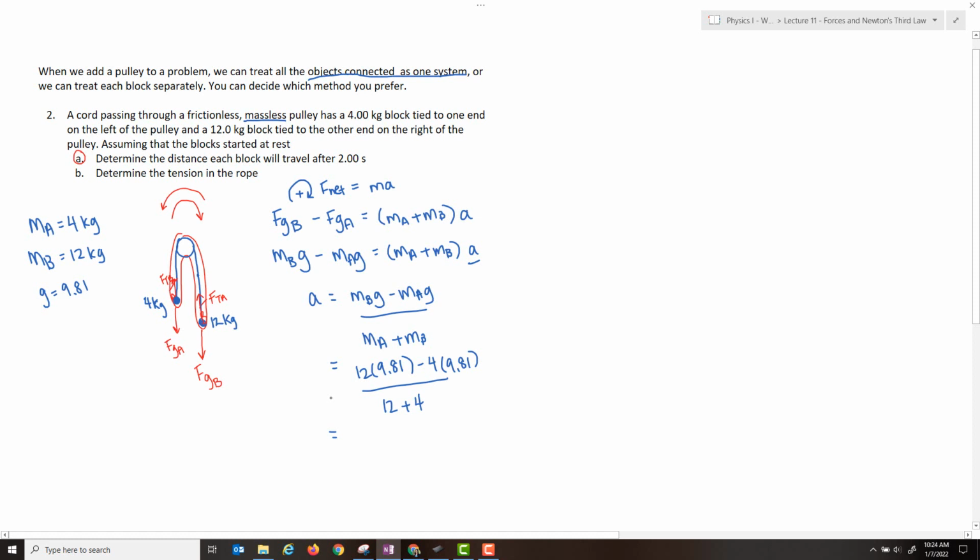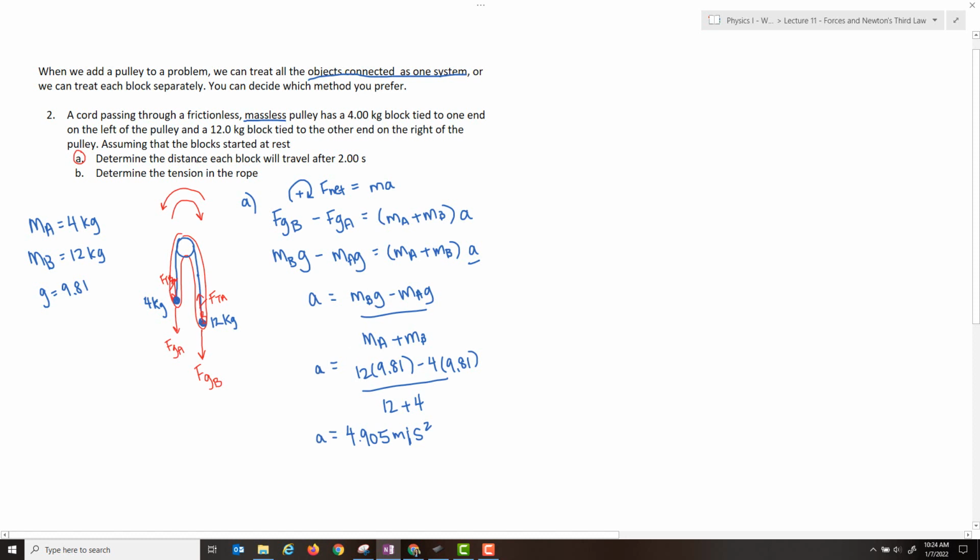So I have 12 times 9.81 minus 4 times 9.81 over 16, which is 4.905 meters per second squared. Okay, so I'm working on part A right now, but I'm not done. I just calculated my acceleration.